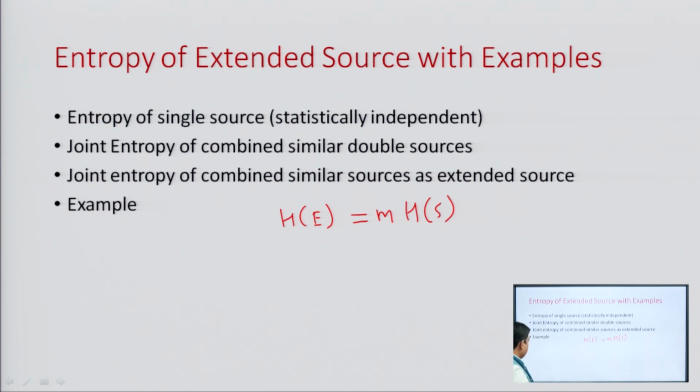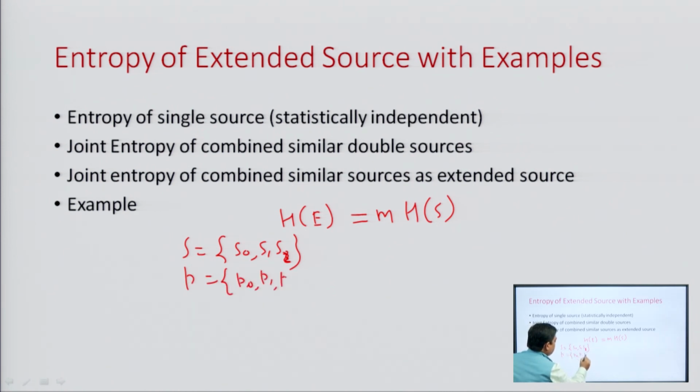We can take some examples. Suppose we take a source with symbols S0, S1, S2 and probabilities P0, P1, P2, where P0 equals 1 by 4, P1 equals 1 by 4, and P2 equals 1 by 2.